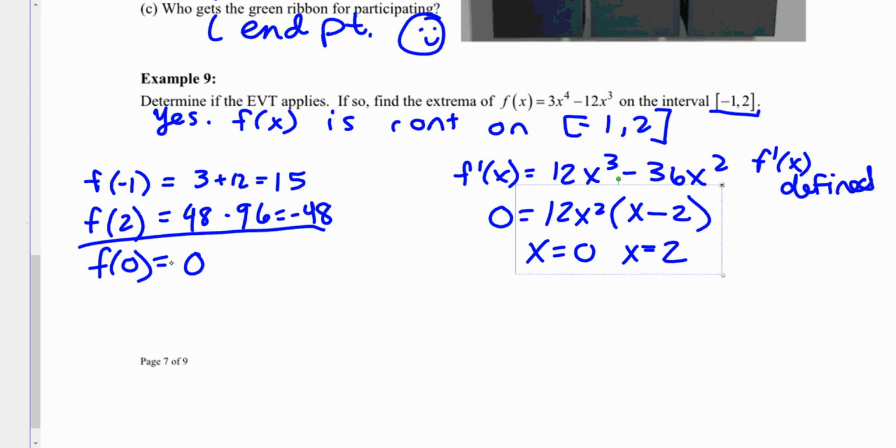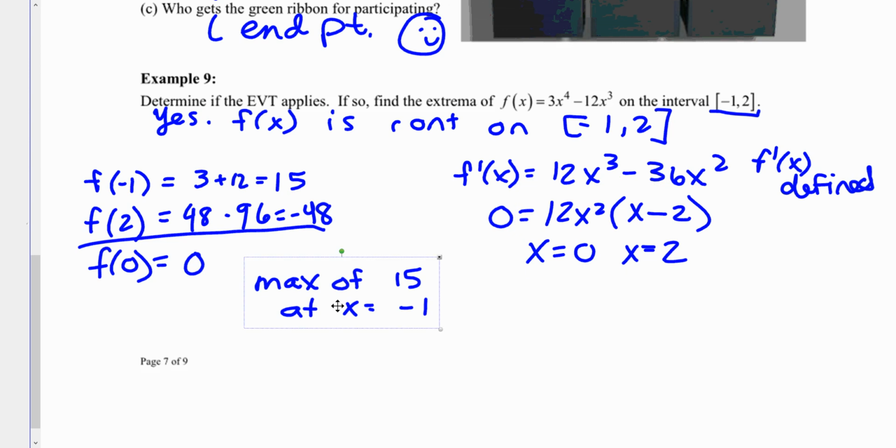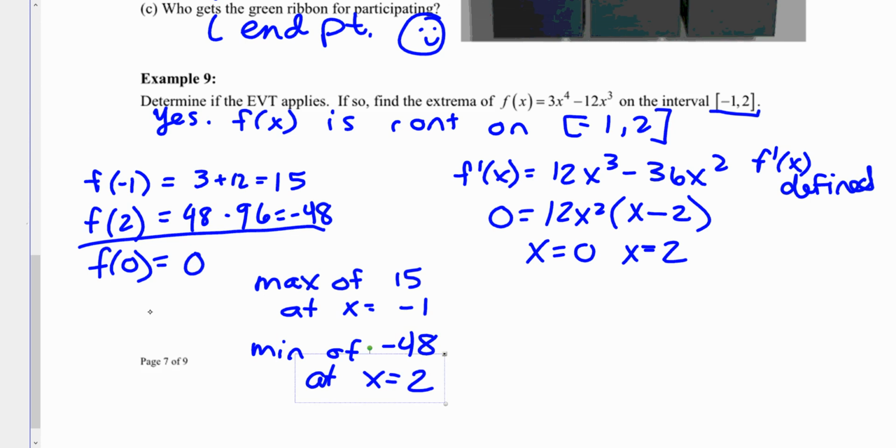Which ones are our absolute maxes or mins? We're going to have a maximum value of 15 at x equals -1. That's the highest. We're going to have a minimum value of -48 at our x value of 2. And then f of 0 gets a green ribbon just for participating.